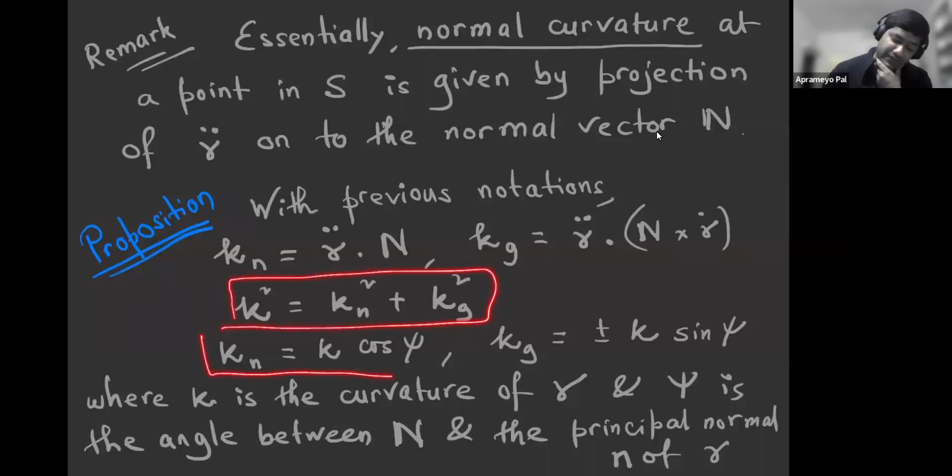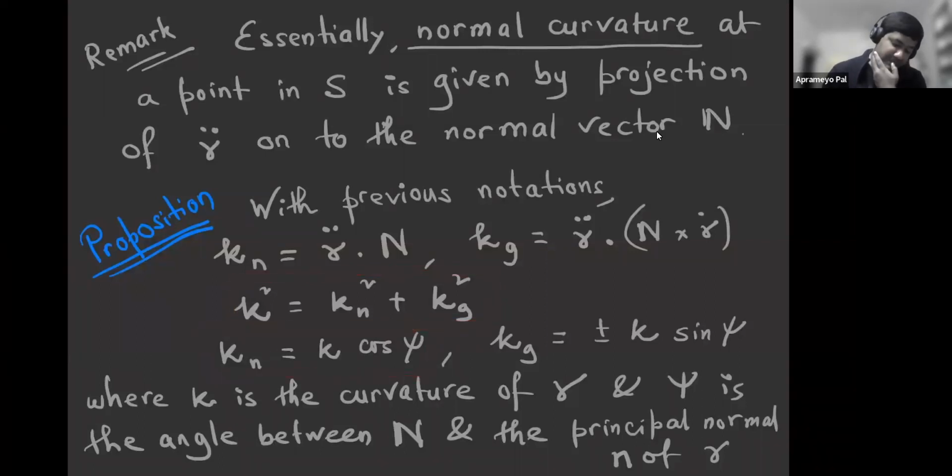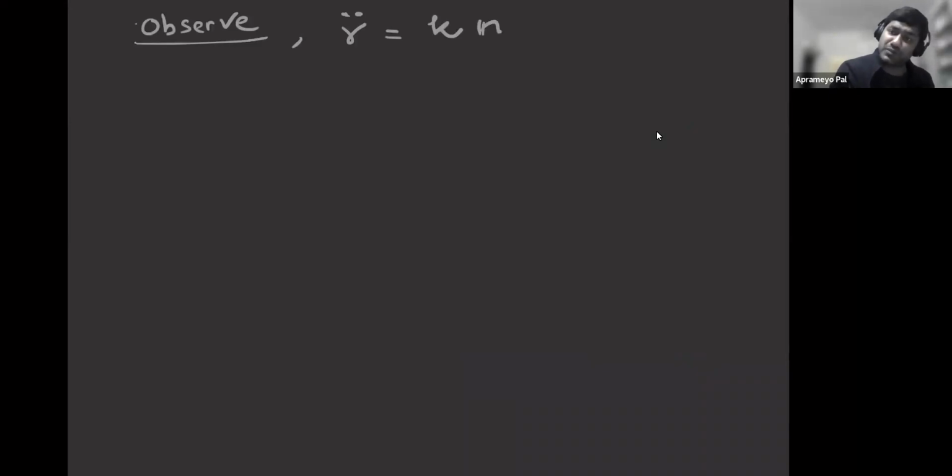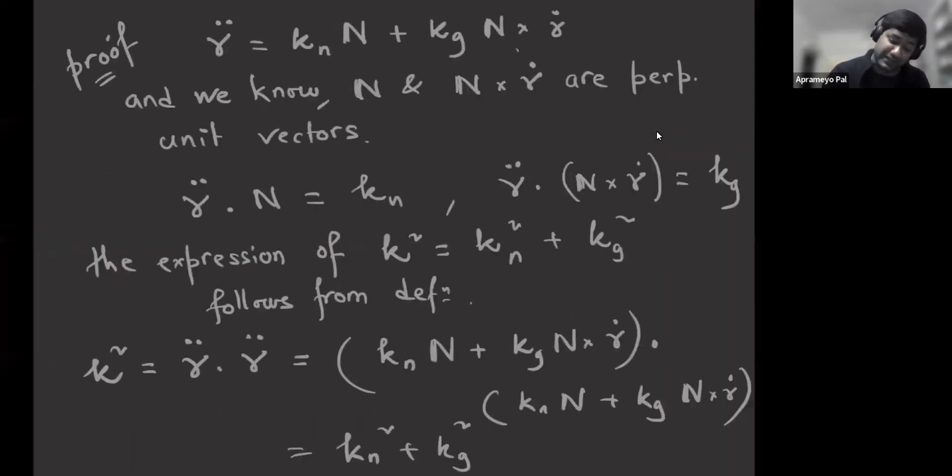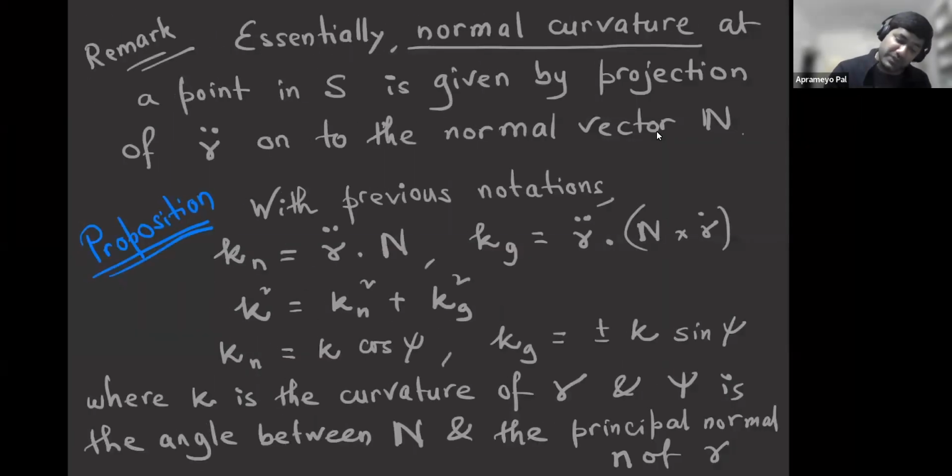So the only thing left is to prove this one. And how do we prove this? This is also not so difficult. Observe that gamma dot dot, by definition, is k times some unit normal n. This n is our principal normal for gamma, for the curve, not this capital N. Right?